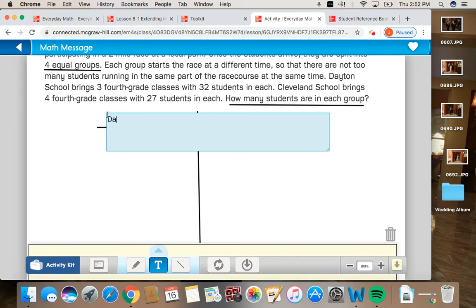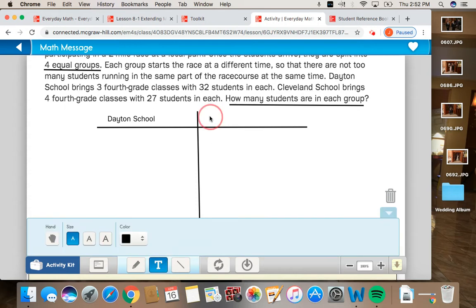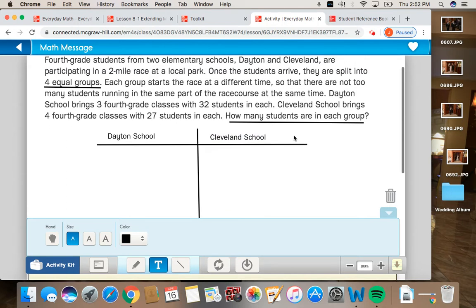So I have Dayton School, and on this side, I'm going to put information from Cleveland School. And all I'm doing is just organizing my work. And let's see, what do I know about Dayton School? I know they bring 3 fourth grade classes with 32 students in each.